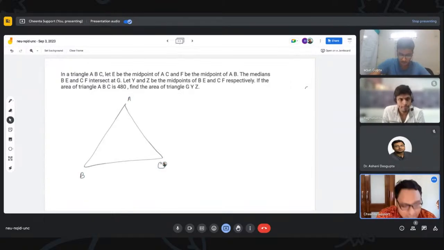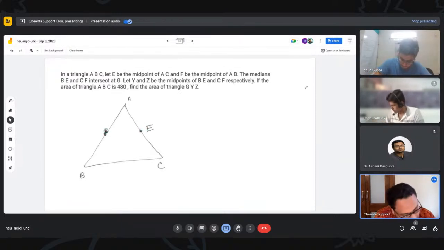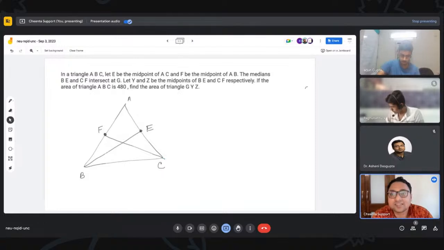We have the midpoint of AC is E. Midpoint of AB is F. The medians BE and CF intersect at the point G. So G is basically the centroid of the triangle.